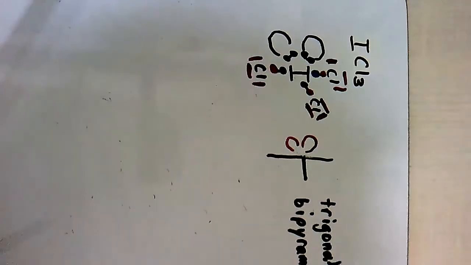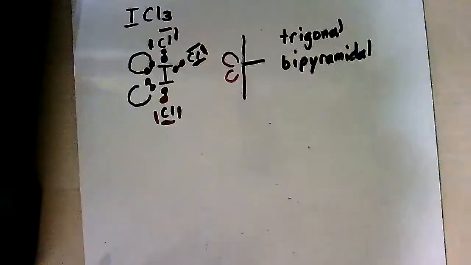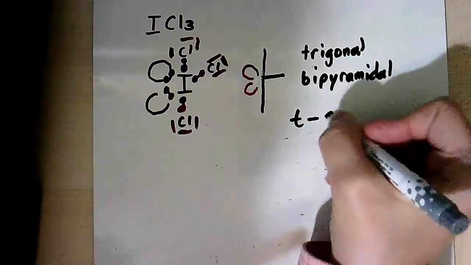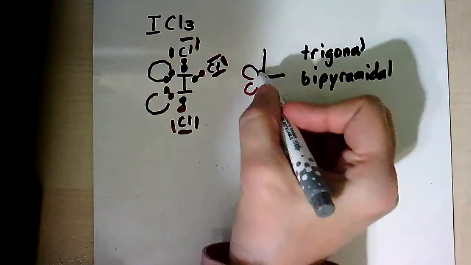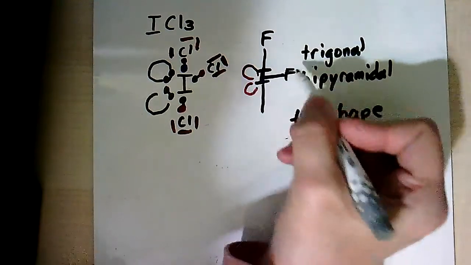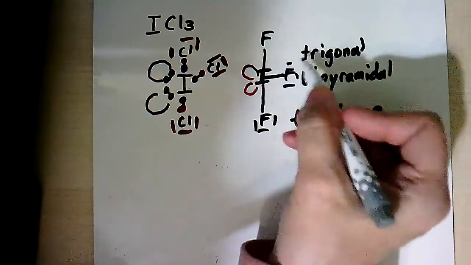When you turn it on its side, you can see why it might have the name T-shape. So this molecule with the iodine in the middle and the 3 chlorines is called a T-shaped molecule.